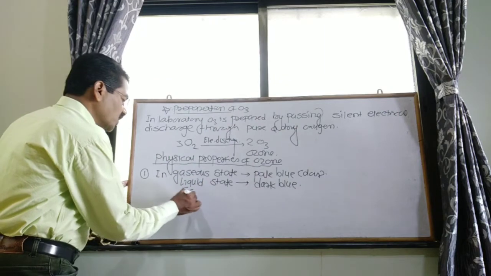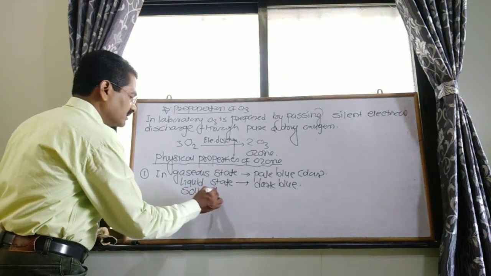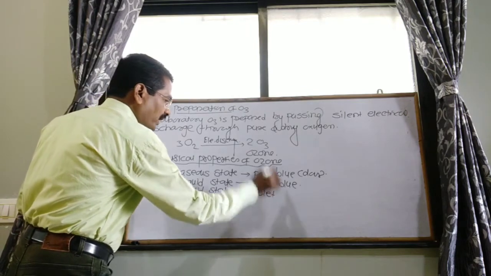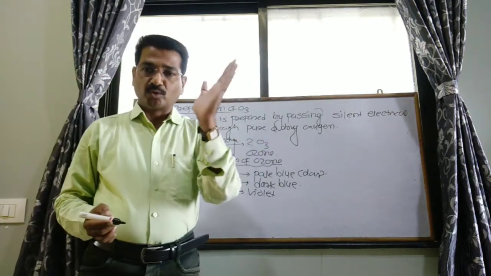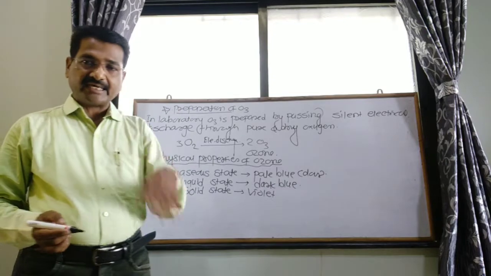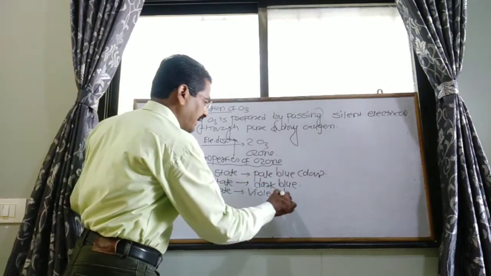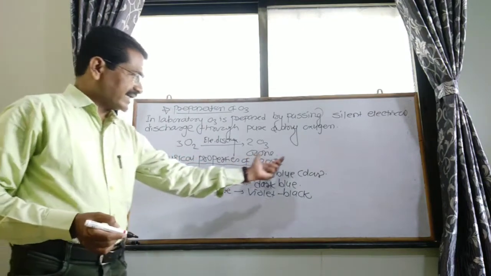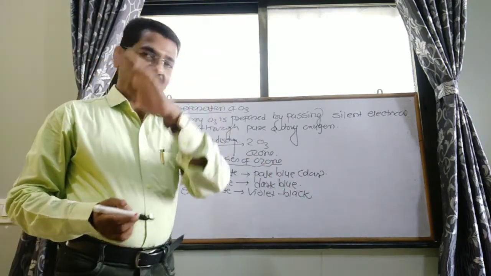While in the solid state, ozone becomes violet black. So these colors are obtained depending upon the physical state.